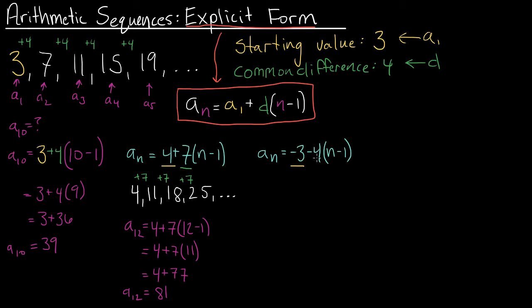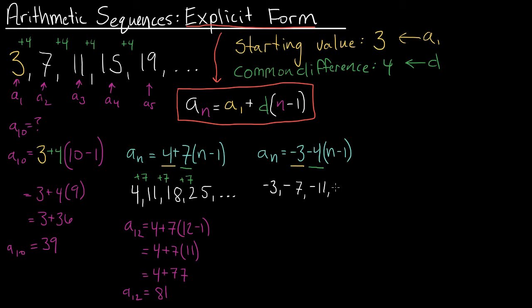Then our common difference is the number that we're multiplying by what we have in the parentheses here, which is -4. To write out this sequence, we have -3, and then I subtract 4 to get -7. Then I subtract 4 to get -11.